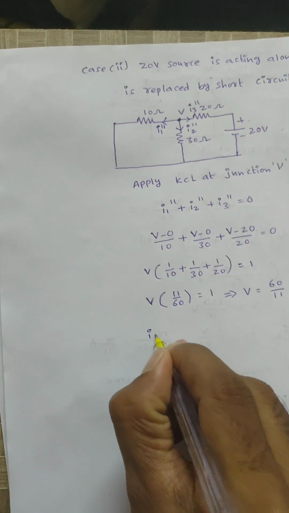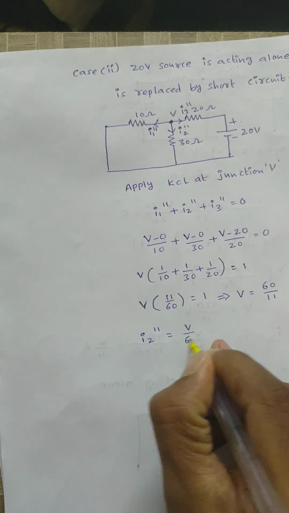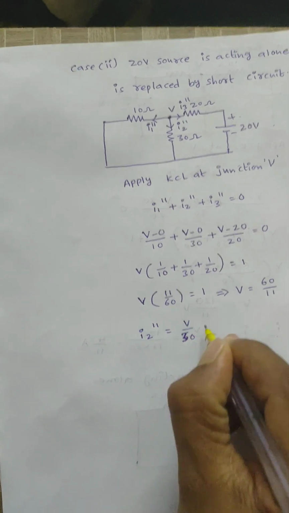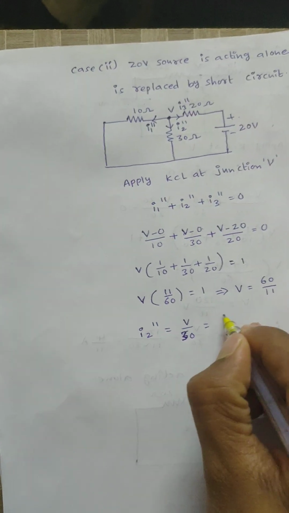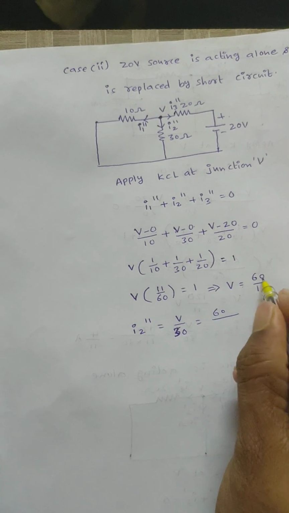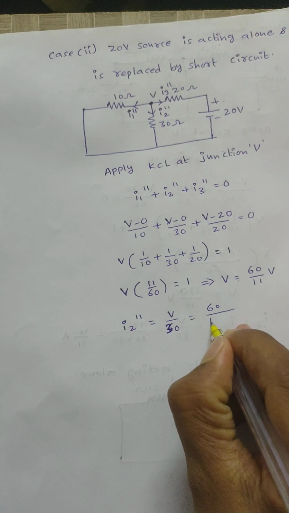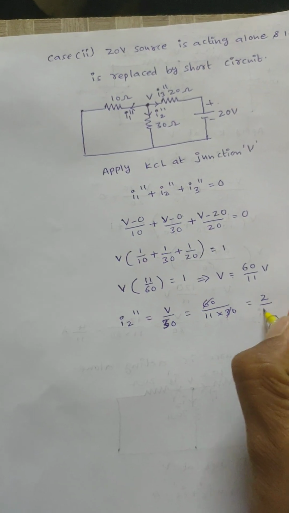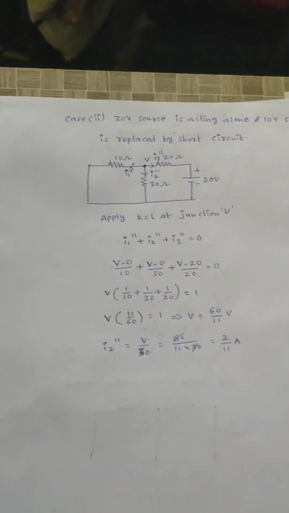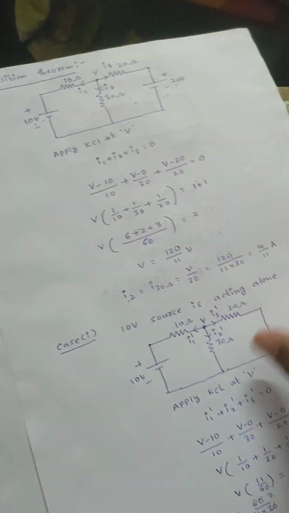Then current flowing through 30 ohm will be I2 double dash, that is equals to V by 30, I2 double dash, that is V minus 0 by 30, right? V value is 60 by 11. Substitute that value, 60 by 11 into 30, you will get 2 by 11 amperes. Okay, now see here, what is the value of I2 when we consider two sources acting alone?